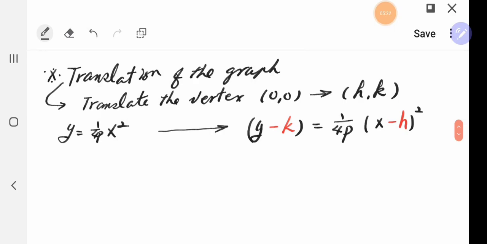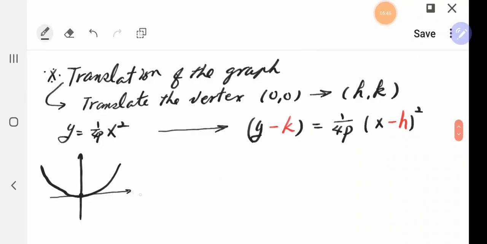Okay, y equals 1 over 4p x squared. So this is a parabola that opens upwards. Let me change this. The graph will be like this. So this is the graph of the parabola.